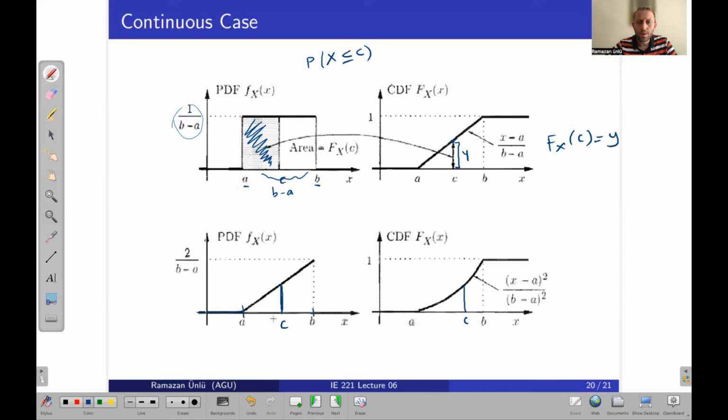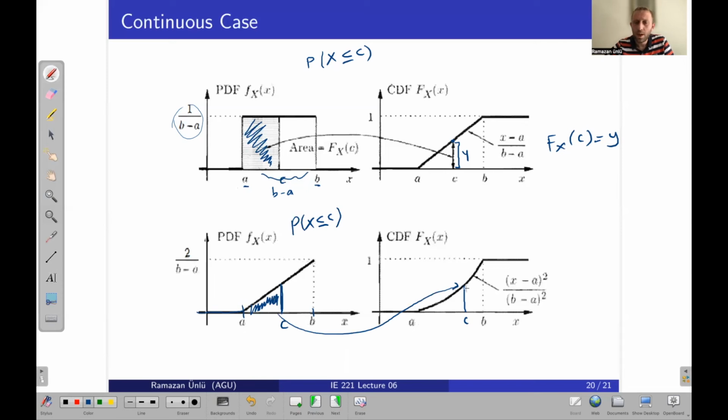For any point C, the probability of x being less than or equal to C means the area of this region, right? The area of this region corresponds to some point in the CDF graph.